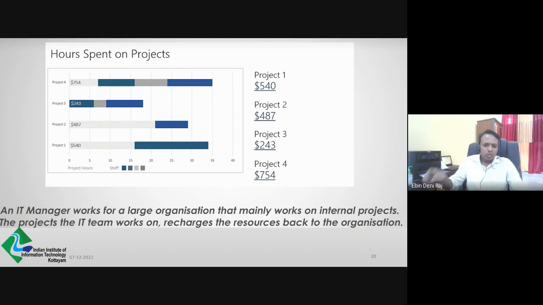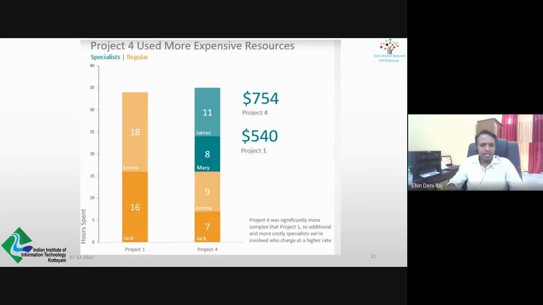So let's use that as the title. And if I change the same data and convert it into another graph, the revised version, straight away the finance department will be able to understand the justification provided by this manager. So we can see the hours of each of these resources and how it is being put, and here the cost of the resources between both these projects.